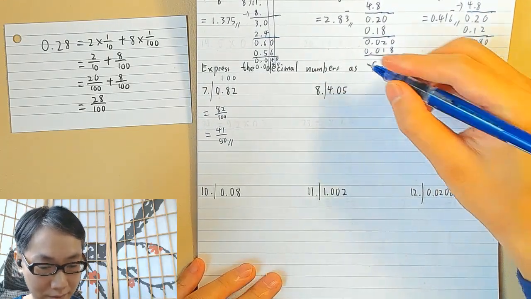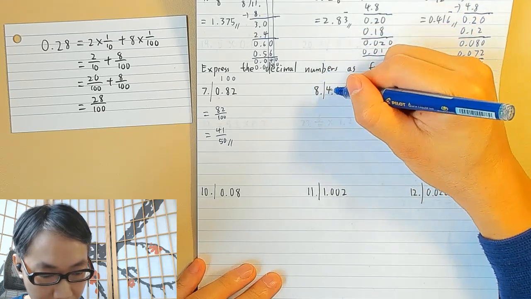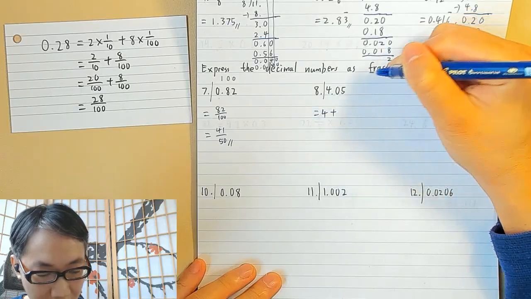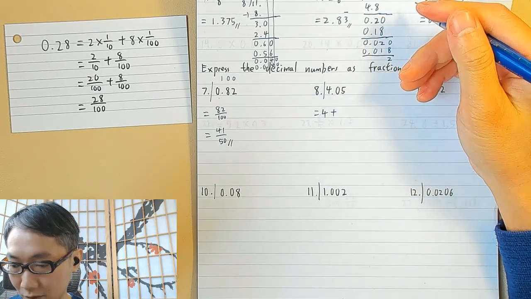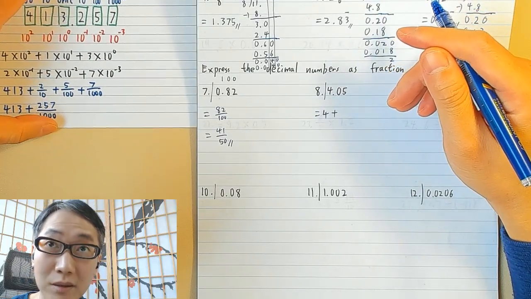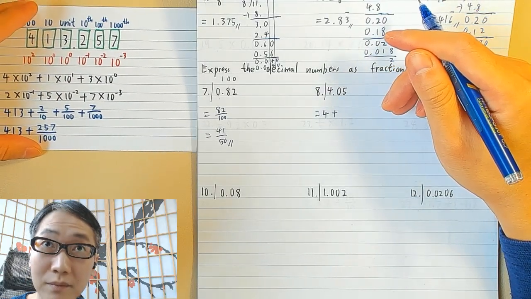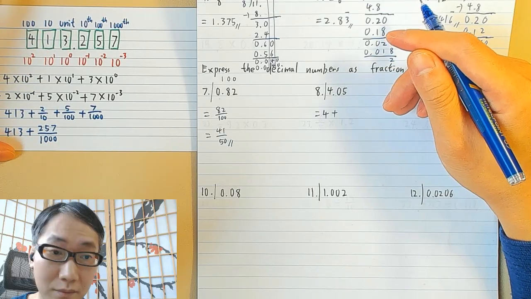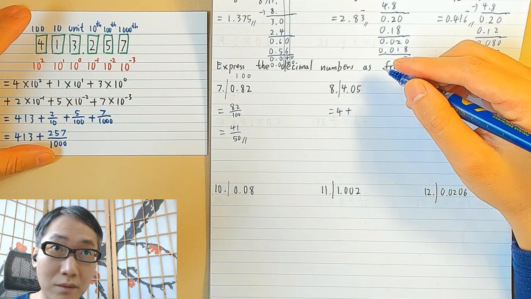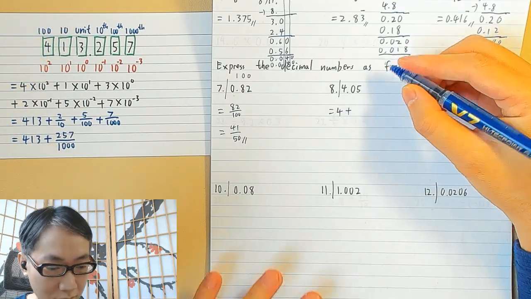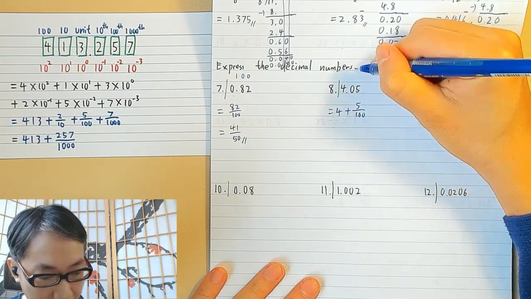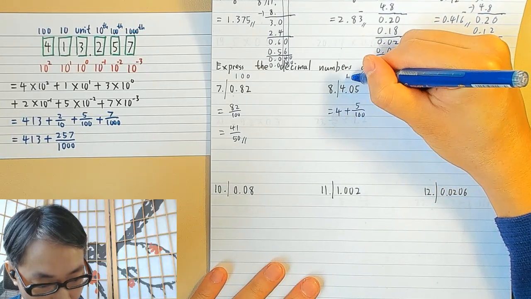4.05. This will be equal to 4 and the decimal part. So the decimal part is 5 over 100. Again, from the decimal dot, the denominator is 1, 0, 0.